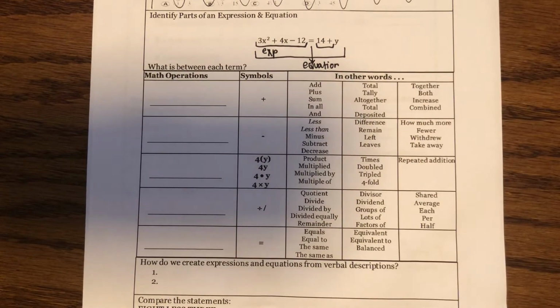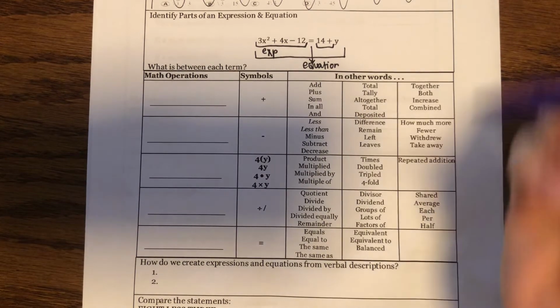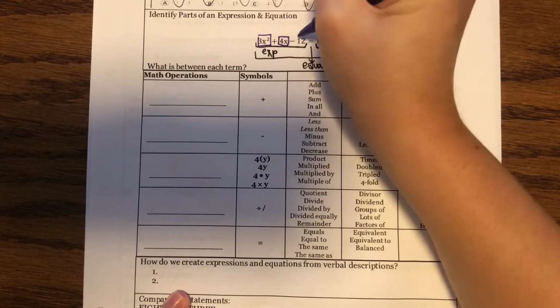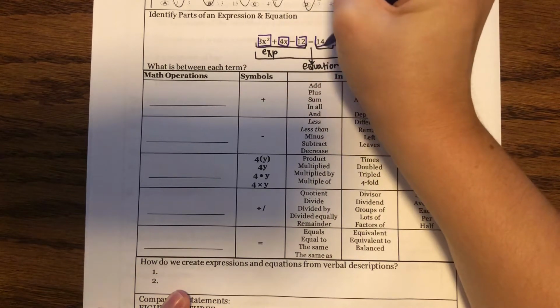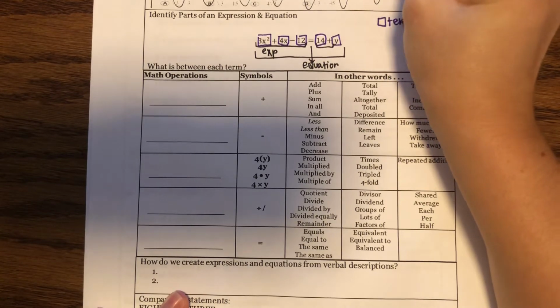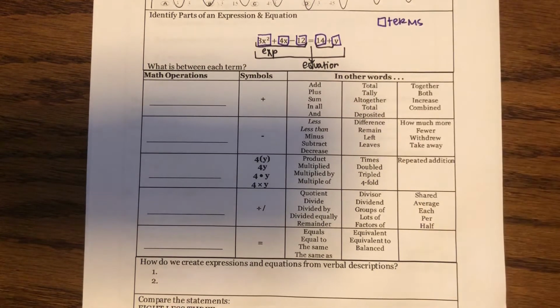We then also are going to have these things called terms. Okay, so everything in the purple squares are terms.